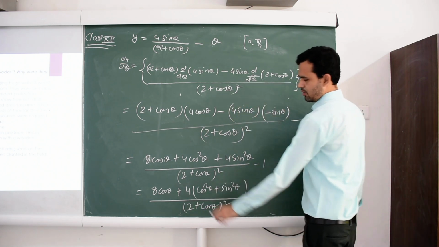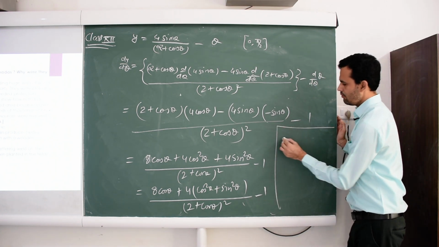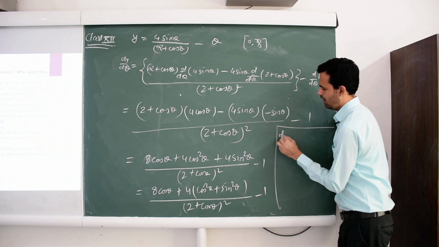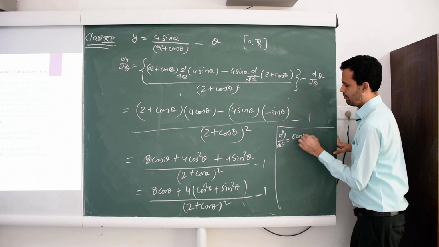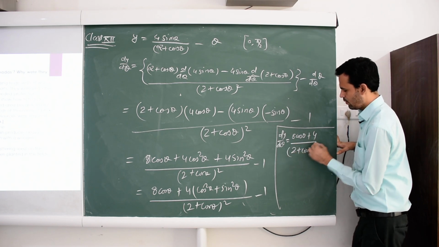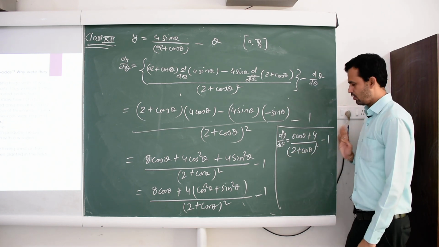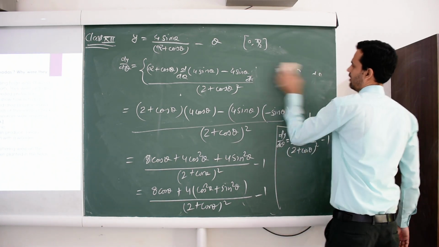We know that cos square theta plus sin square theta is 1. So the value of dy by d theta is 8 cos theta plus 4 upon 2 plus cos theta whole square, minus 1.